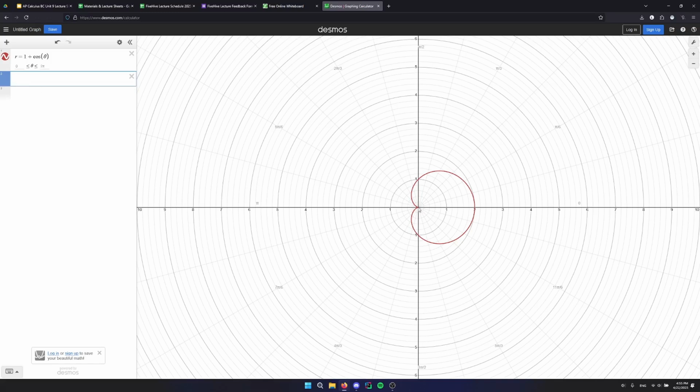Basically, if we set our r equal to 0 and we think what values of theta will give us 0, then basically cosine of theta equals -1. So let me write it out. We want to find where cosine of theta is equal to -1.